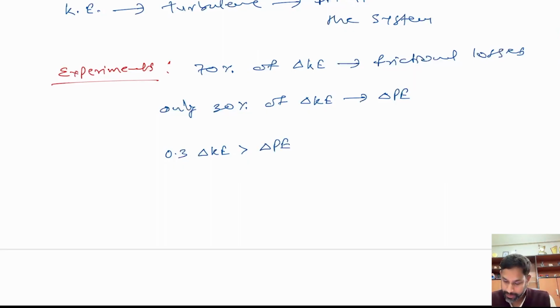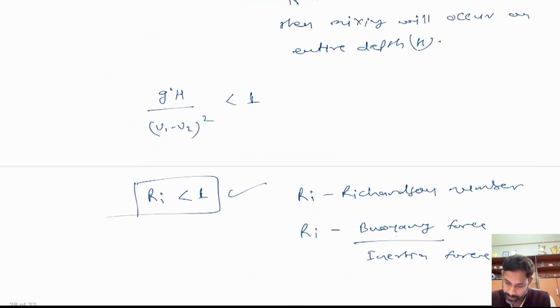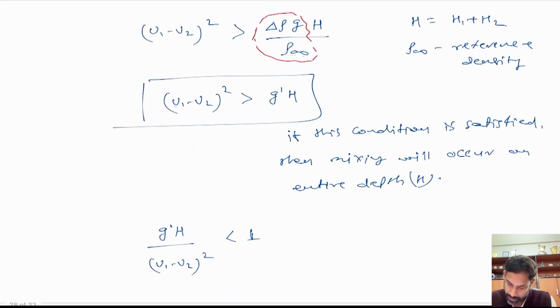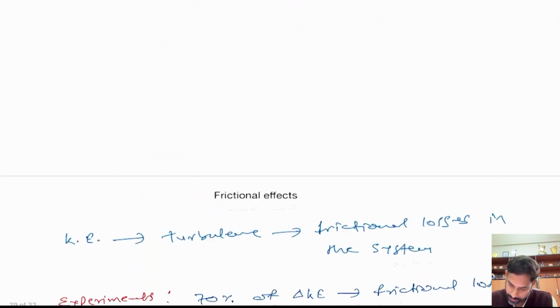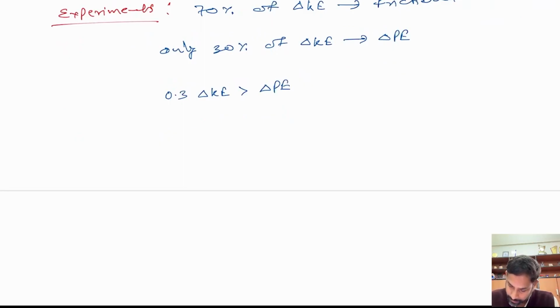Okay, and if this condition is satisfied, then if we follow the same procedure, this will give us g prime H over (U1 minus U2) squared should be smaller than 0.3.